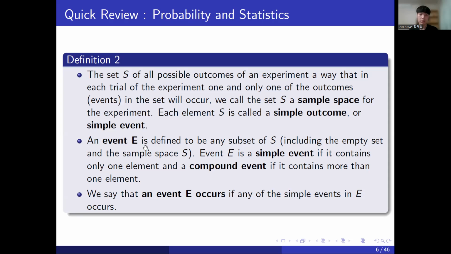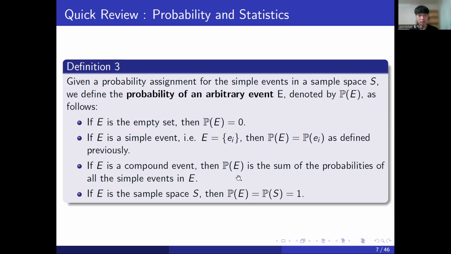And an event E is defined to be any subset of S, including the empty set and the sample space S. An event E is a simple event if it contains only one element, and a compound event if it contains more than one element. We say that an event E occurs if any of the simple events in E occurs. Maybe all of you know about this, so let's quickly skip this.